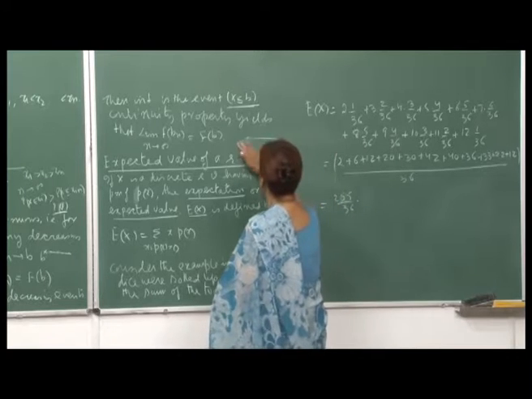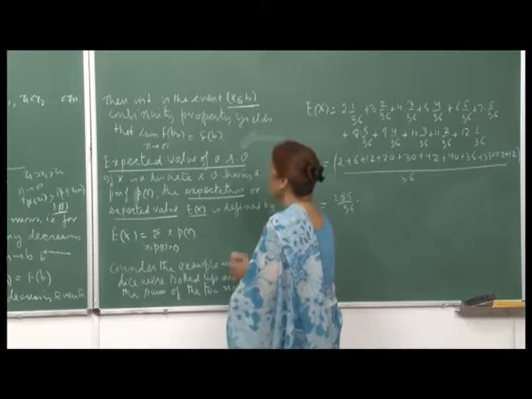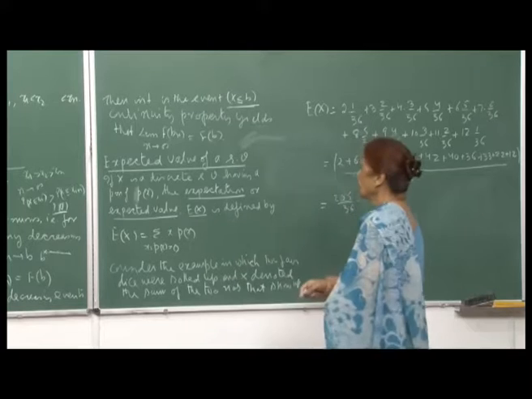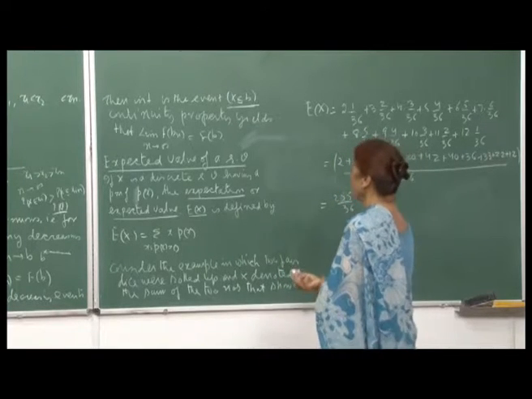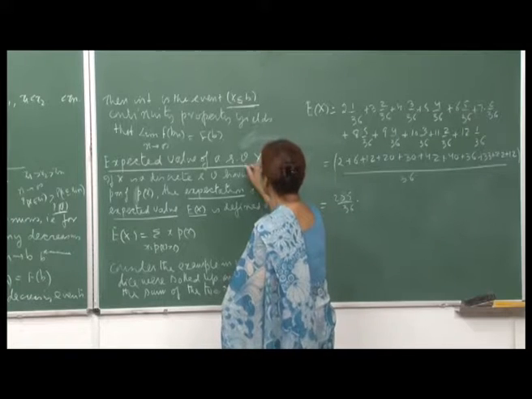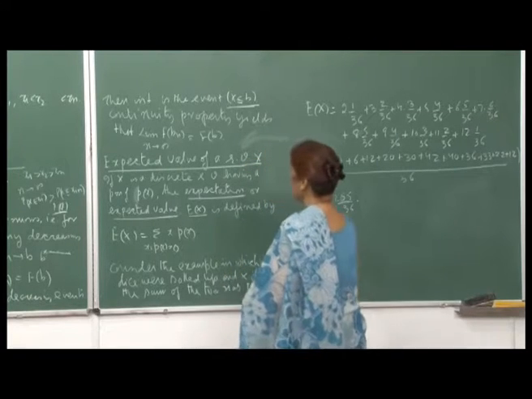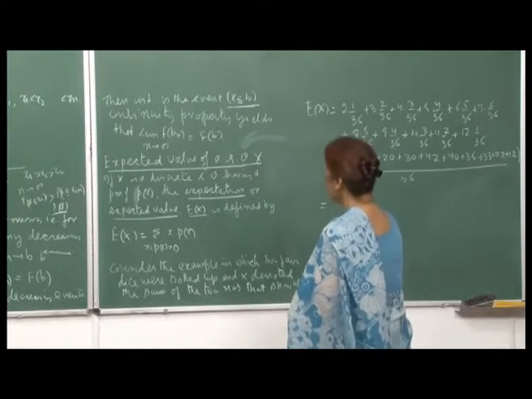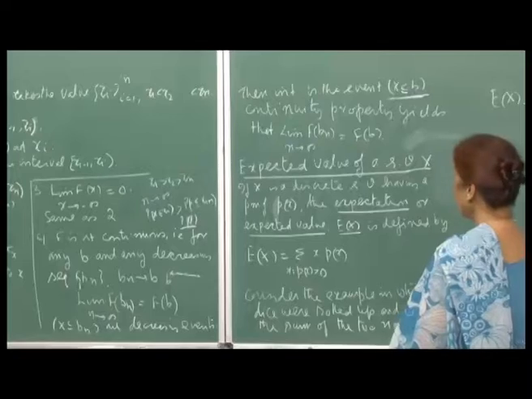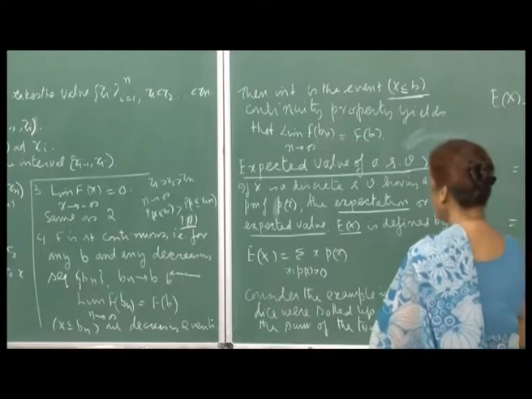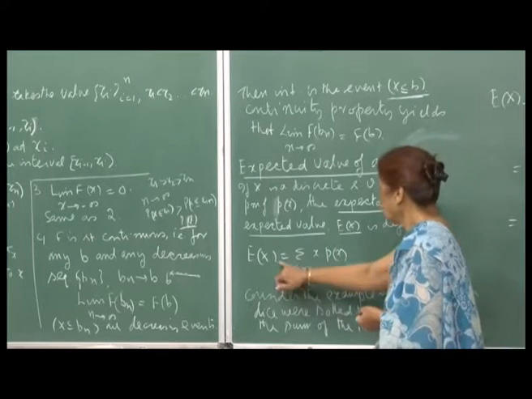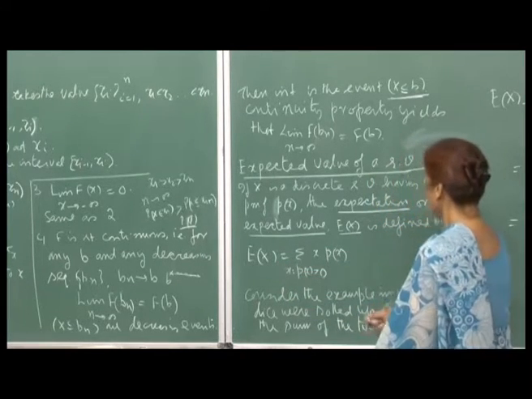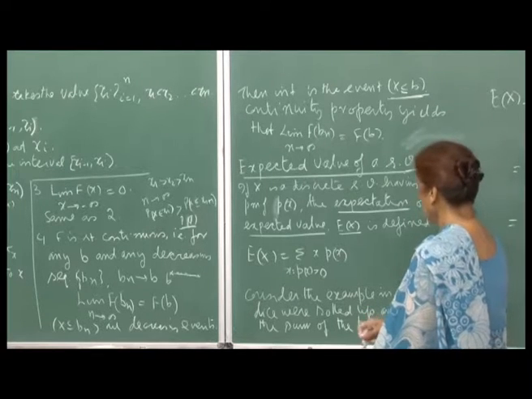Now, I started giving you the example, but first let me define a very important quantity which we associate with a random variable, the expected value of a random variable X. If X is a discrete random variable having the probability mass function p(x), the expectation or expected value E[X] is defined by E[X] equals the sum of x times p(x).